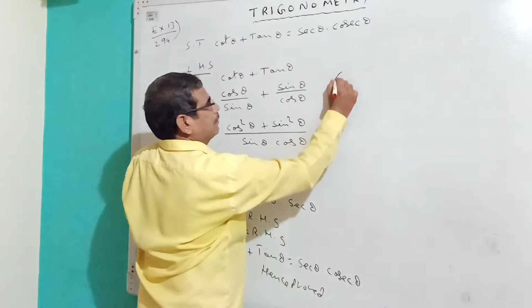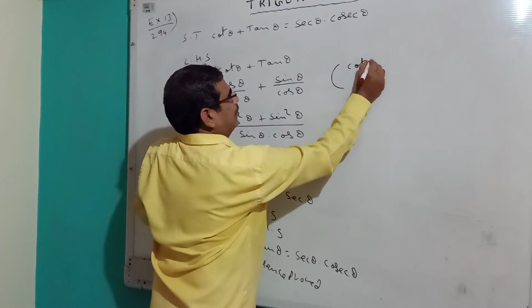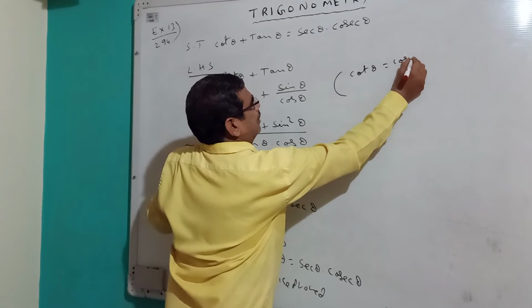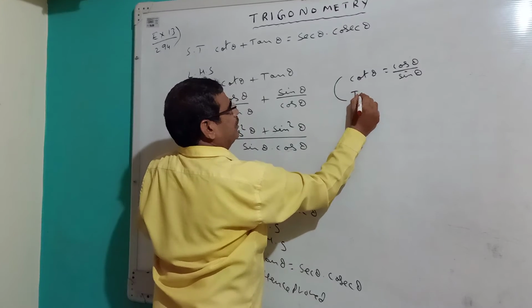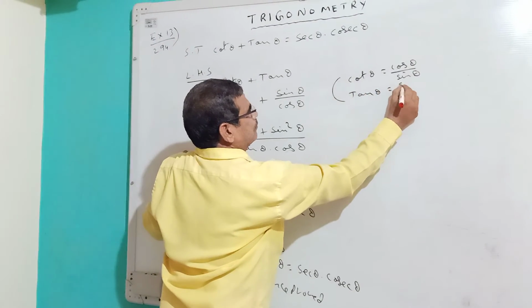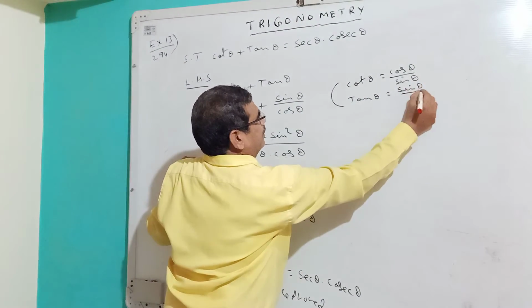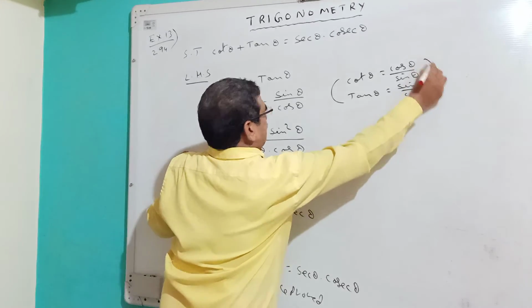We have to write here: cot theta is equal to cos theta by sin theta, tan theta is equal to sin theta by cos theta.